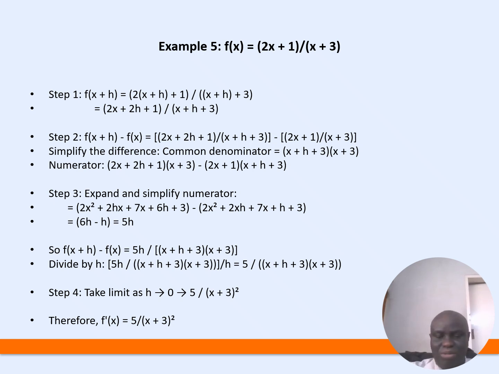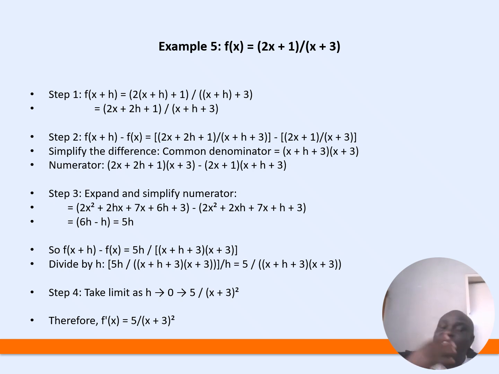That's why we have x plus h all squared. So in our final answer, because you have set h tends to 0, anywhere you see h, they have tended to 0 already, so they have no use. So the final answer is 5 all over x plus 3 all squared.